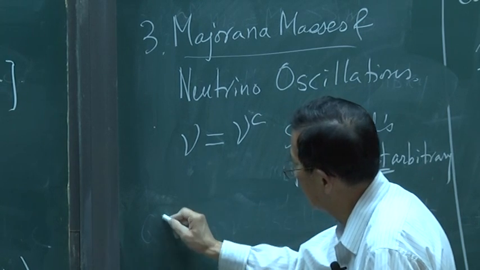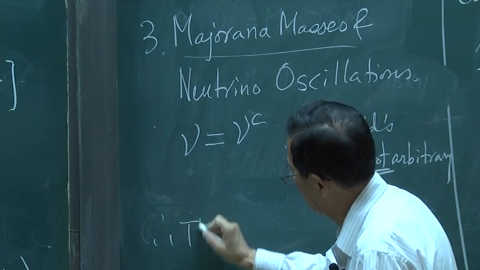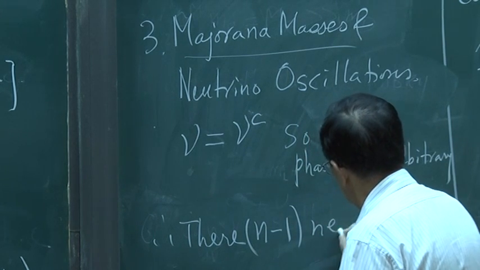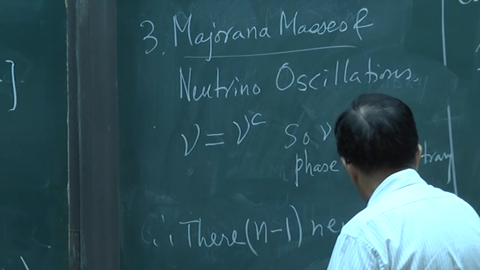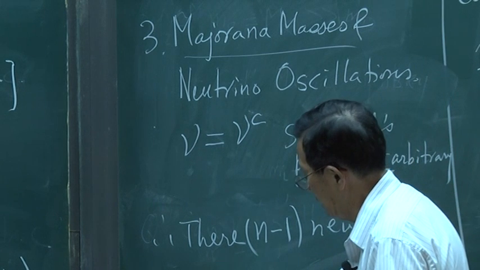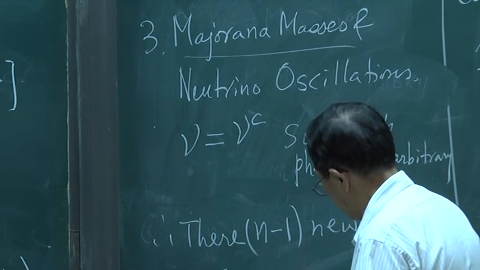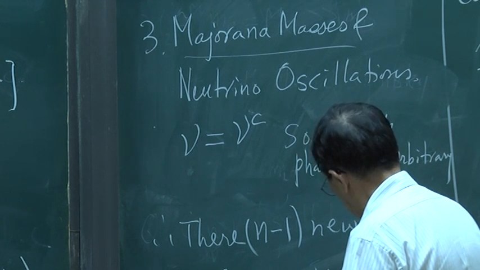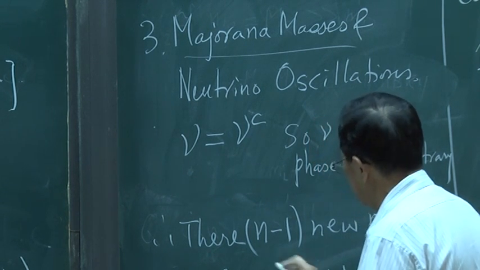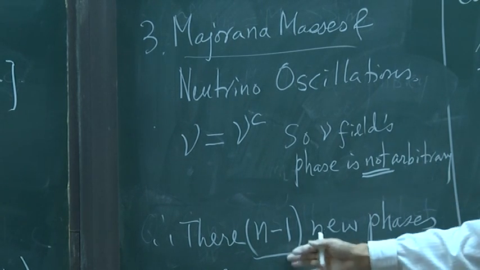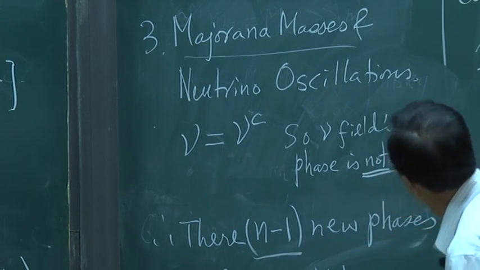So there are n minus 1 new phases in the mixing matrix. The reason it is n minus 1 is that there's an overall phase which you can ignore.